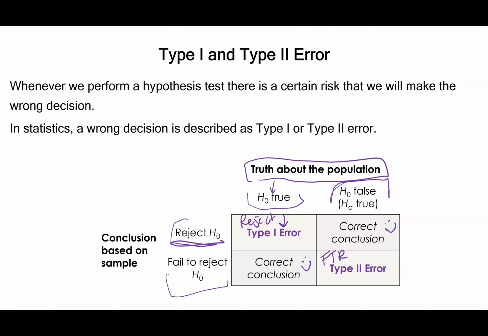So if you fail to reject, it's possible you made a type 2 error. It totally depends. If you make a decision where you reject, the only type of error you could have made was type 1. If you fail to reject, the only type of error you could have made is type 2. It doesn't mean you made that type of error, it just means you could have.